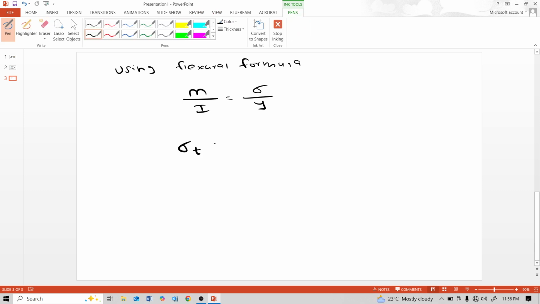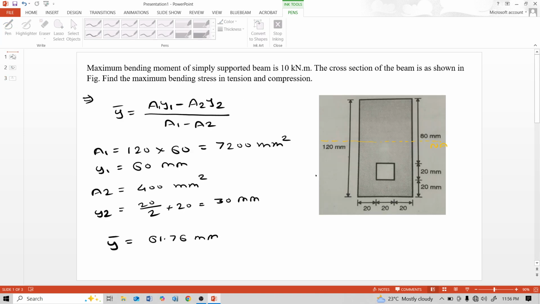Sigma T, tension side. Stress at tension side is equal to M by I into yt, the distance from neutral axis to the topmost tensile fiber. M is 10 kilonewton meter. That means 10 into 10 raised to 6 Newton mm.